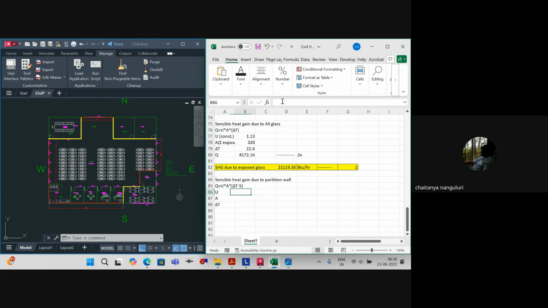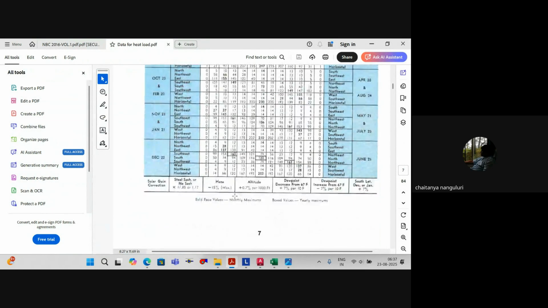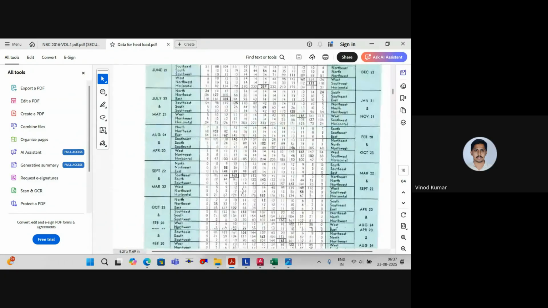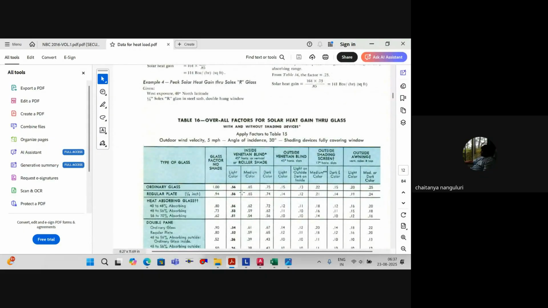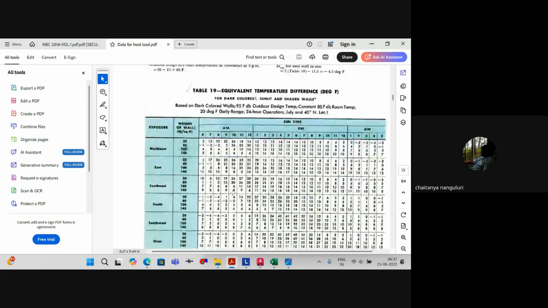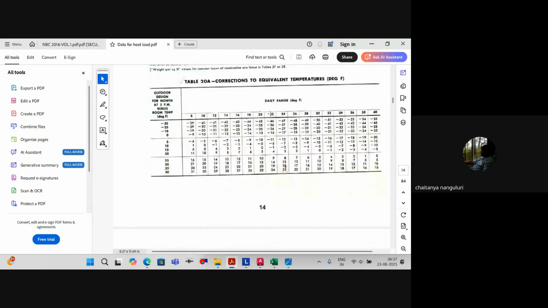So first and foremost is the U factor of your partition wall. So we'll again go to the data sheet. You're able to follow or not? Yes, please respond. Yes, following, sir. So we have to go to partition wall, the equivalent temperature difference, the correction in equivalent temperature difference.